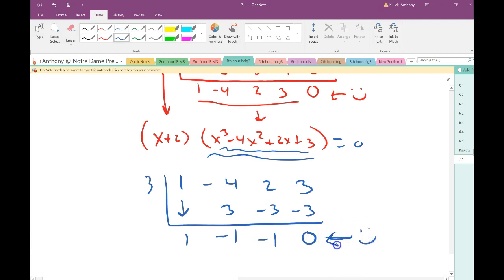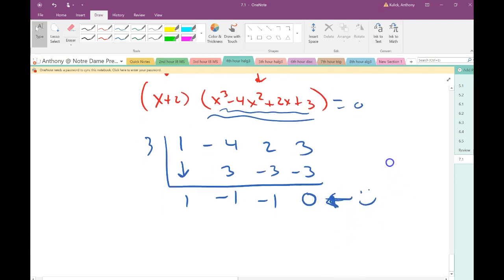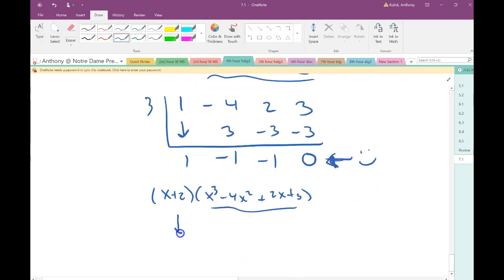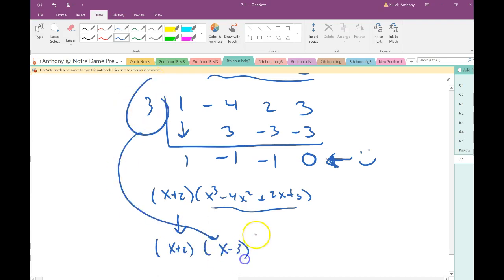Yay, 0 remainder again. So what that says then is I had x plus 2 times x cubed minus 4x squared plus 2x plus 3. But this piece I could break further up. The x plus 2 is going to come down. I'm going to get an x minus 3, and then an x squared minus x minus 1 from that piece, all still equal to 0.